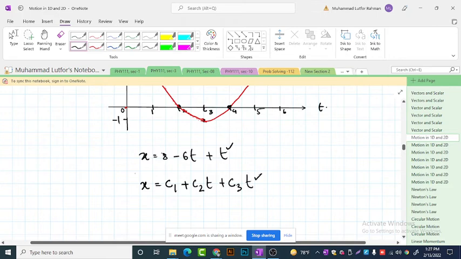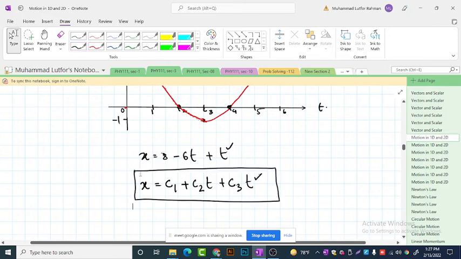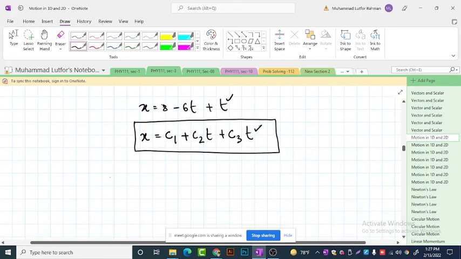This is the most general equation of displacement of a particle, where c1, c2 and c3 are constants, and I'm going to find the values of these constants.